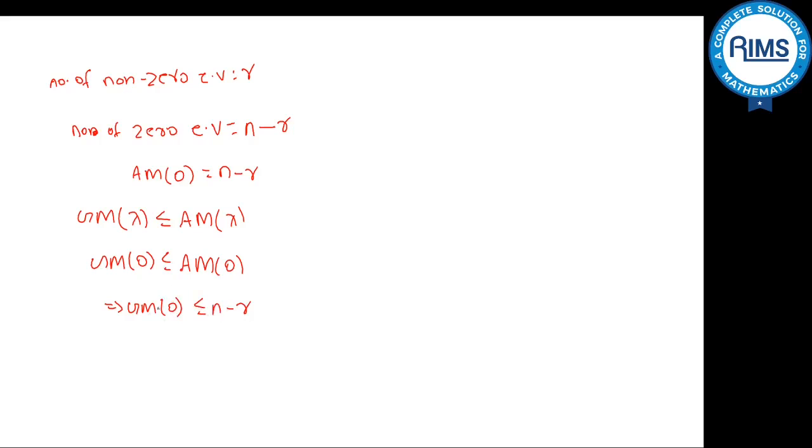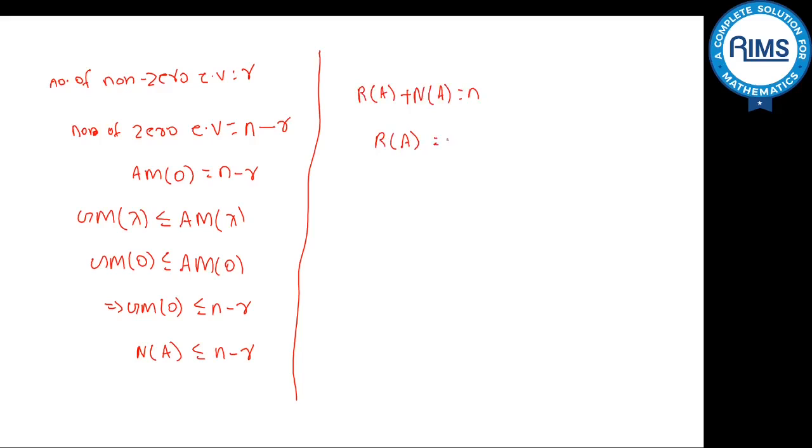And the geometric multiplicity of 0 is nothing but the nullity of that matrix, that is, nullity of A is always less than or equal to n minus r. Now, by the rank nullity theorem, rank of A plus nullity of A equal to n. That implies rank of A equal to n minus nullity of A.